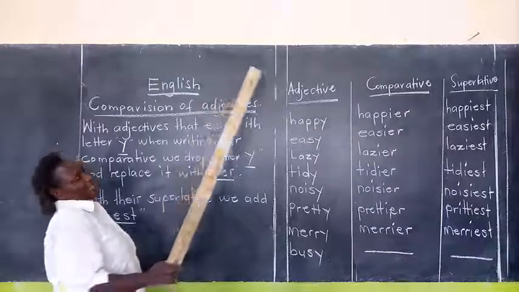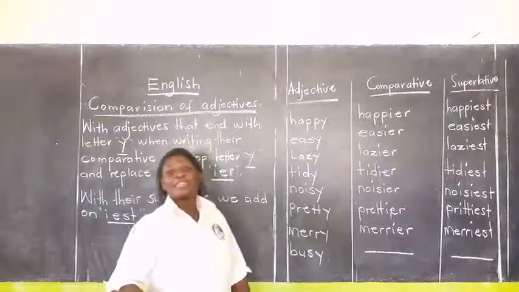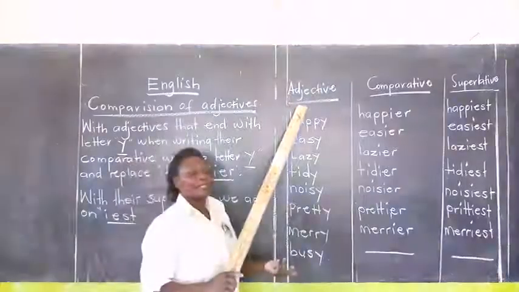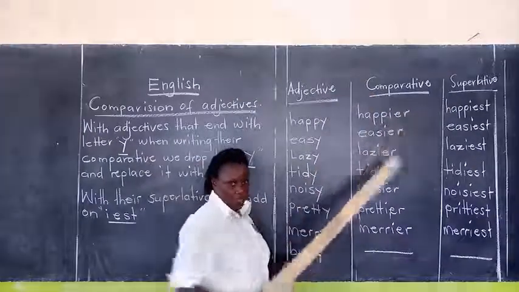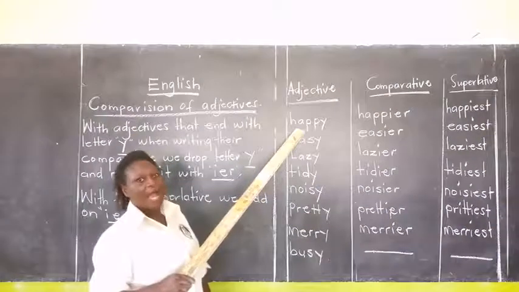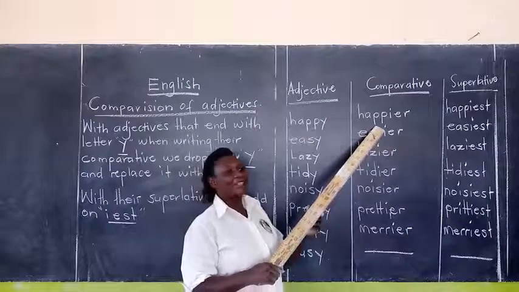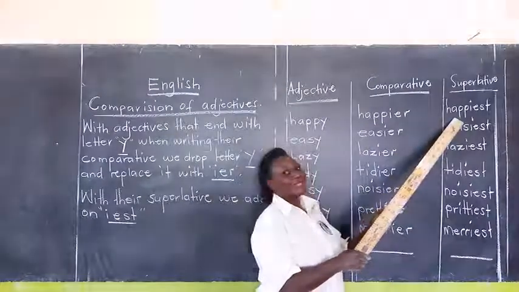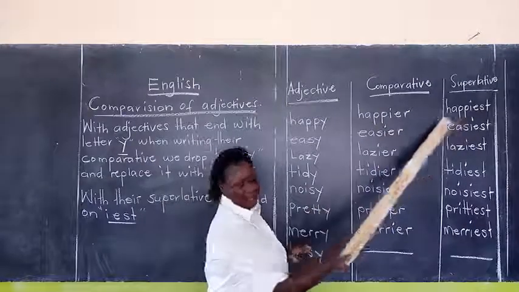Then, let us have this table. Here are some examples of those adjectives that end with letter Y. We have the first class degree, that is the adjective, the second class degree, the comparative, and the superlative. On the side of adjective, we have happy. Happy has its comparative as happier, its superlative as happiest. You can see how we have dropped this one here and what we have replaced it with.